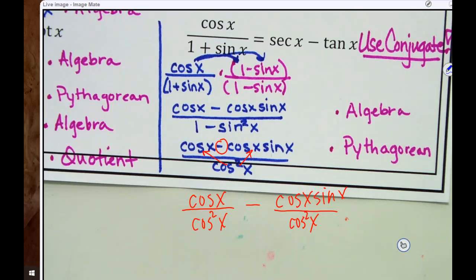So this is just like if I had an x over an x squared, what happens? I'm left with the 1, right? So this cosine cancels with the square, and I'm left with the 1. This cosine cancels with the square. All right, so now I want to write that simplified version right here.